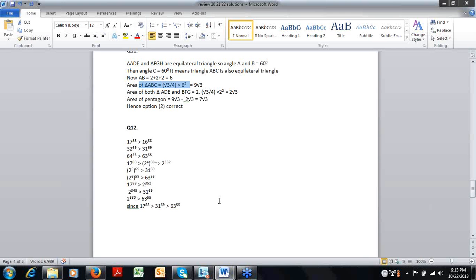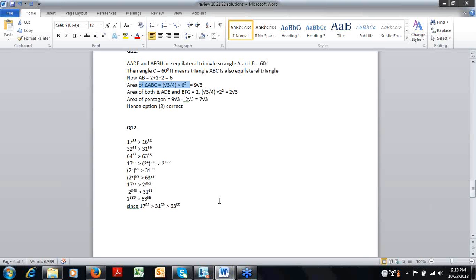So 17 power 88 will be greater than 2 to the power 4 to the power 88. That means 2 to the power 352. Similarly, 2 to the power 5 to the power 69 will be greater than 31 to the power 69, and similarly 64 we can write as 2 to the power 6 to the power 55, greater than 63 to the power 55. So what we are actually doing is comparing them with the nearest power of 2.